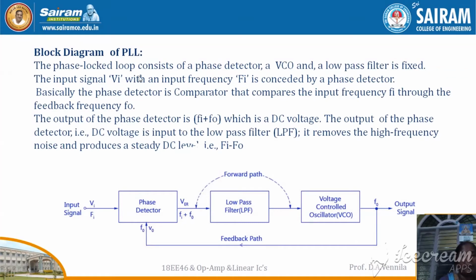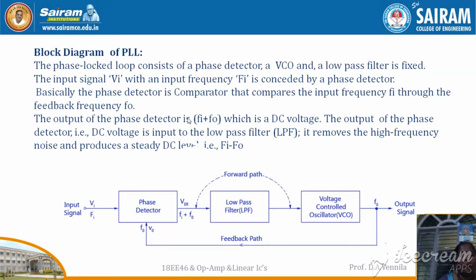So here the phase locked loop, as I said earlier, consists of three important components: phase detector, VCO and low pass filter. The phase detector will compare the input frequency and output frequency, so it is also called a comparator.